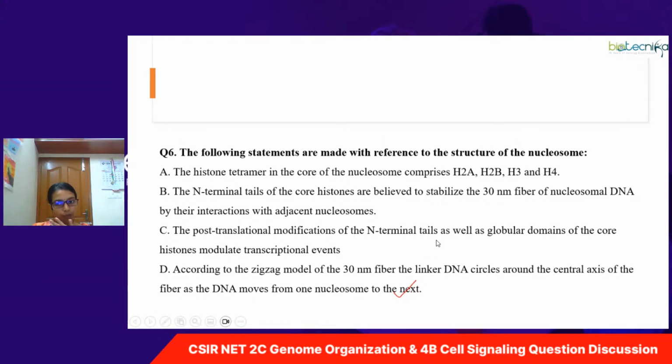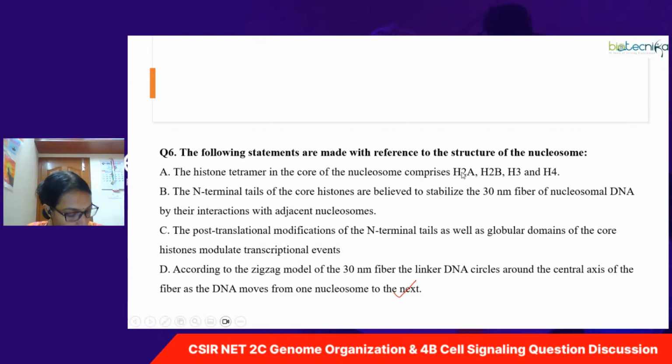Try it out, because so far we were discussing the same thing, right? So I don't think you will face any difficulty. All you need to find is the connecting link. As I always say in class also, try to establish a connecting link among the topics. Then only you will be more familiar with the topics.